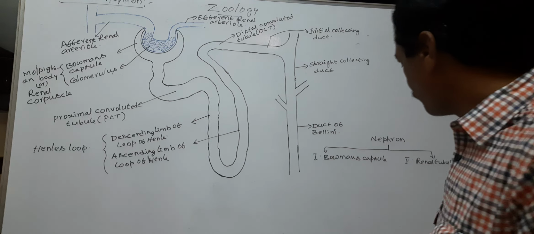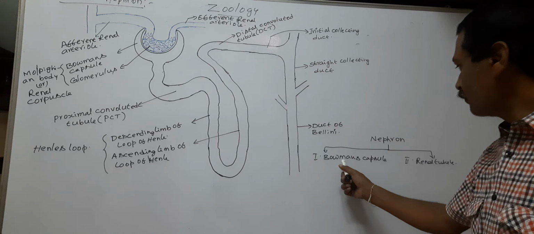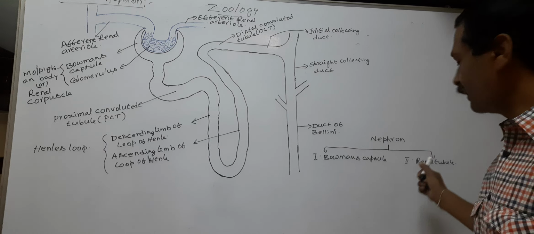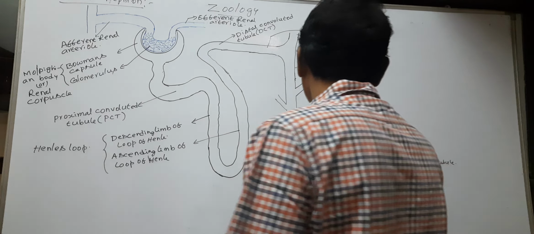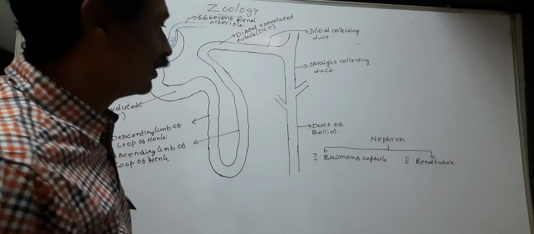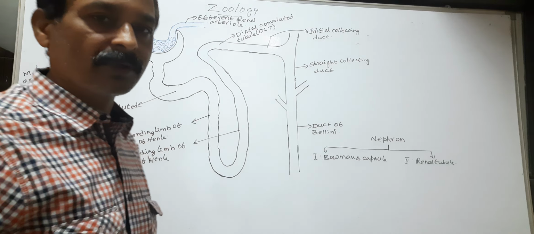So the human nephron divides into two parts: Bowman's capsule and renal tubule. First, we discuss about the Bowman's capsule of nephron.